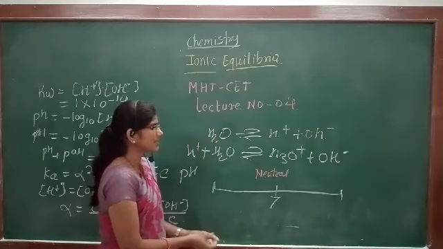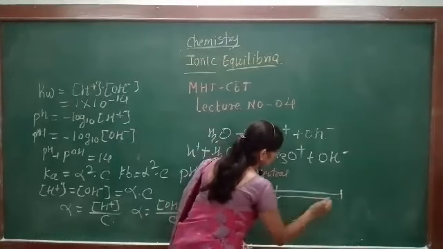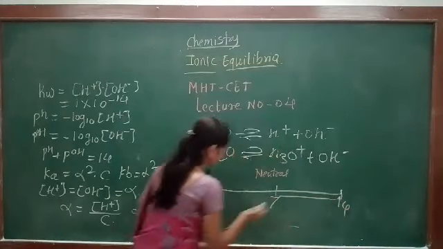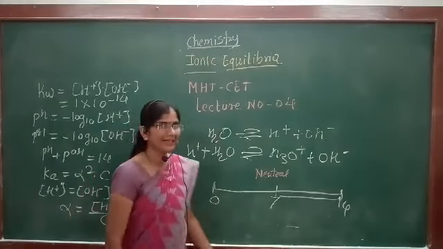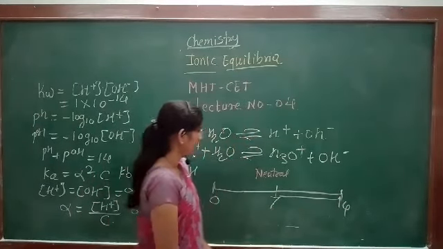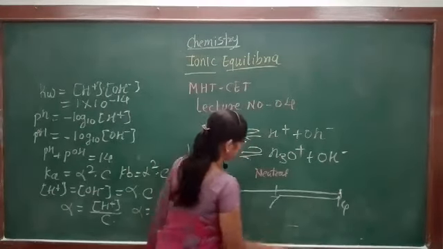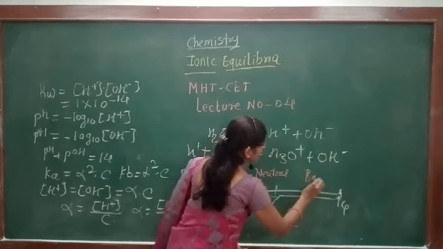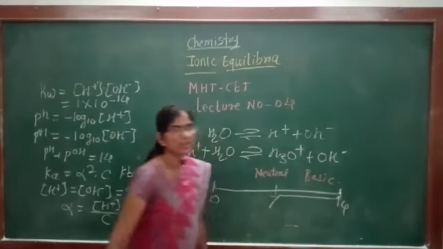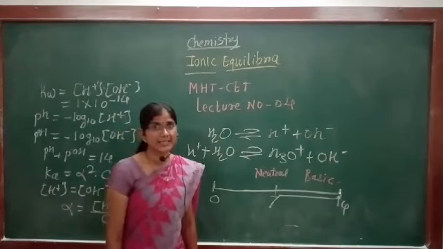The pH scale starts from 0 and ends at 14. If pH is from 7 to 14, then the solution is basic.